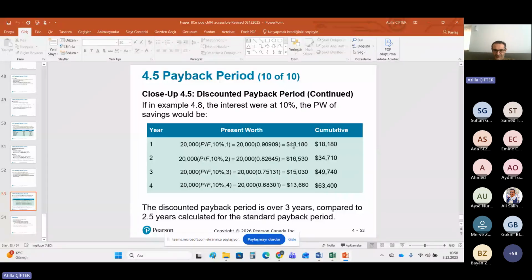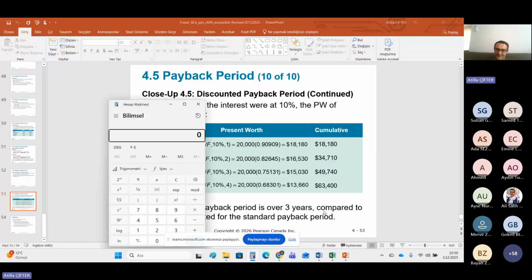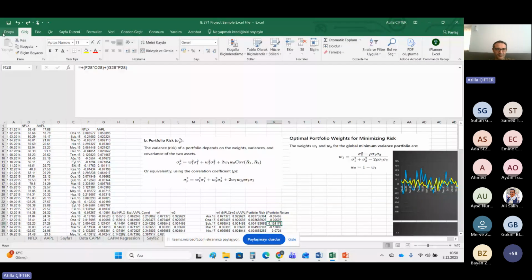Let's sum these values. 18,180, 16,530 plus. Still, we don't have it. You can see that our payback period is over 2 years. Okay, and for the third year, how can we calculate the discounted payback period here?